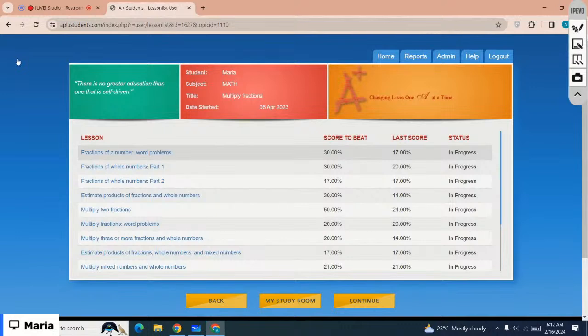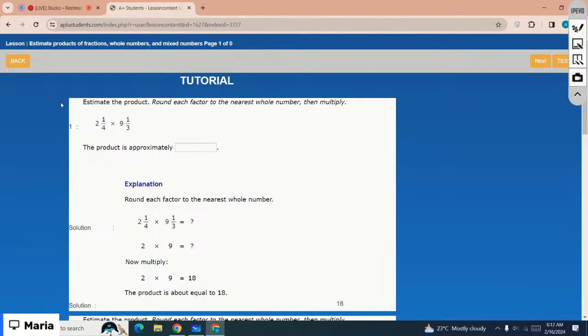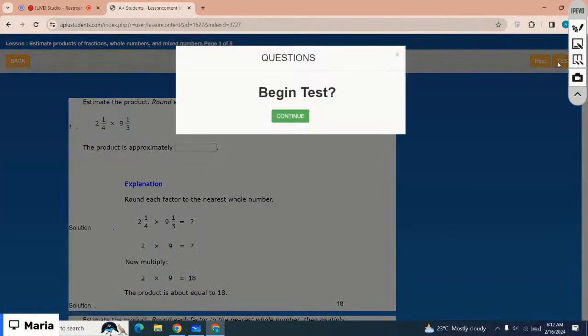Let's just start with the next lesson. That is estimate products. We have already done estimating products earlier this week. Let's just start with the test questions. You simply have to estimate them and then you have to multiply.